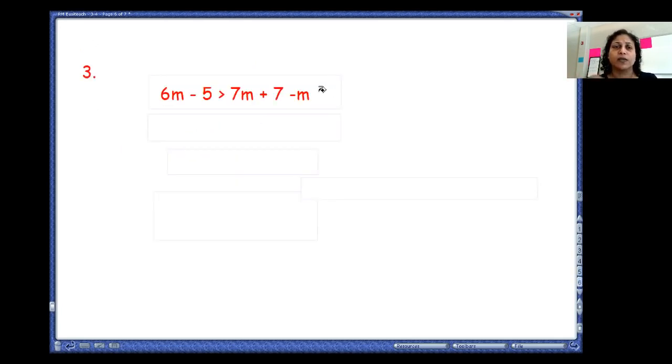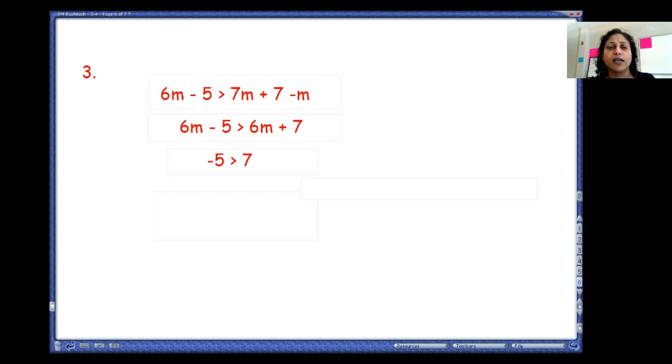In the next one, we have an inequality where there are some like terms on either side that need to be combined. So you combine the like terms on the right side, and it turns out that 6m minus 5 is greater than 6m plus 7. Now you subtract 6m from both sides, and I need to see this step.